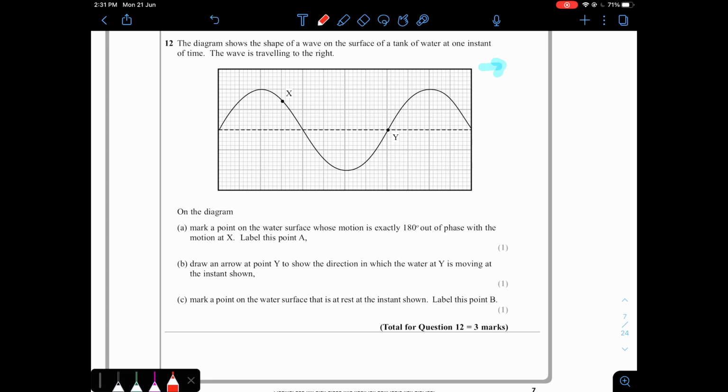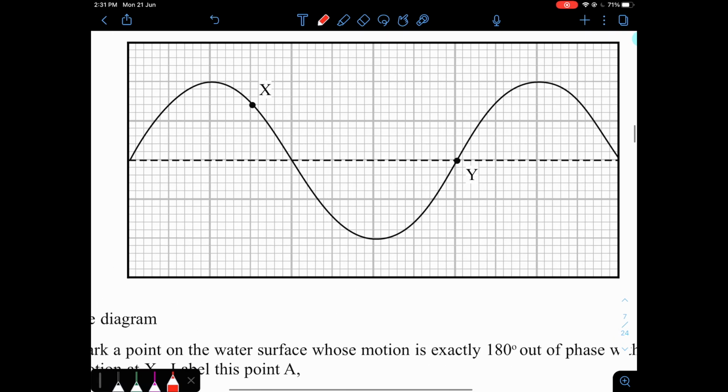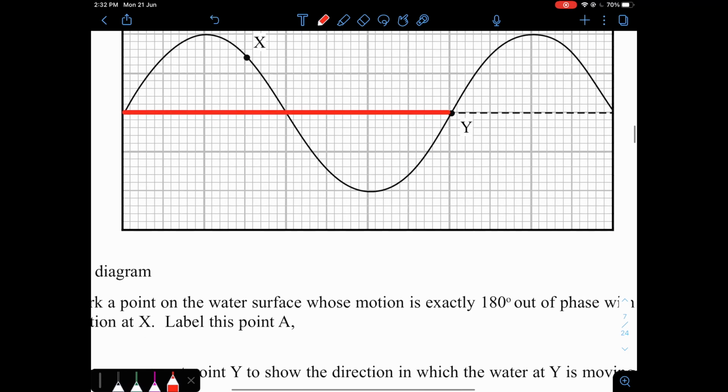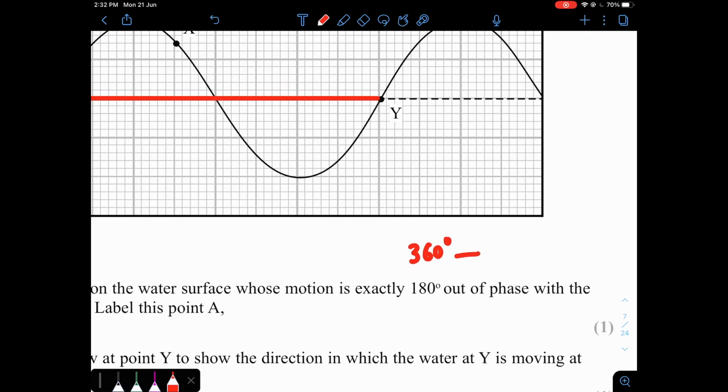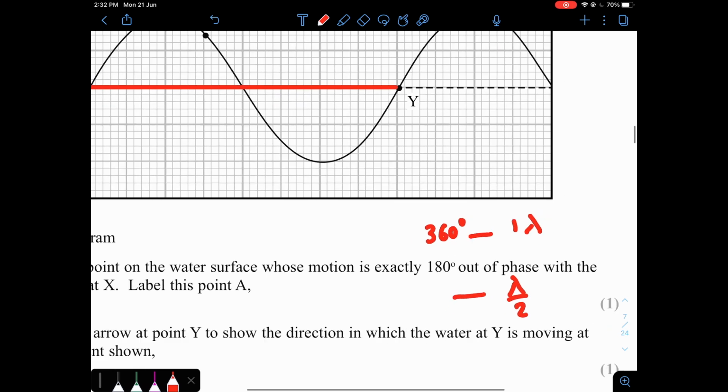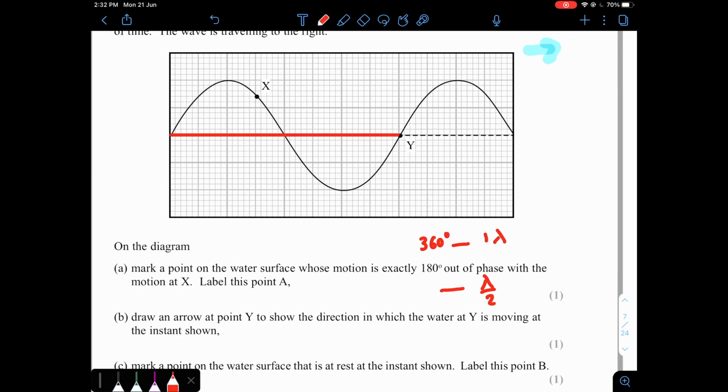Alright, so now what do we know? Mark a point on the water where it's 180 degrees out of phase. So let's zoom in. From here all the way to here is one wavelength, or 360 degrees. 180 degrees out of phase must be half, so lambda over 2, half the wavelength. So we go to X, and first we need to find out what half of this is.